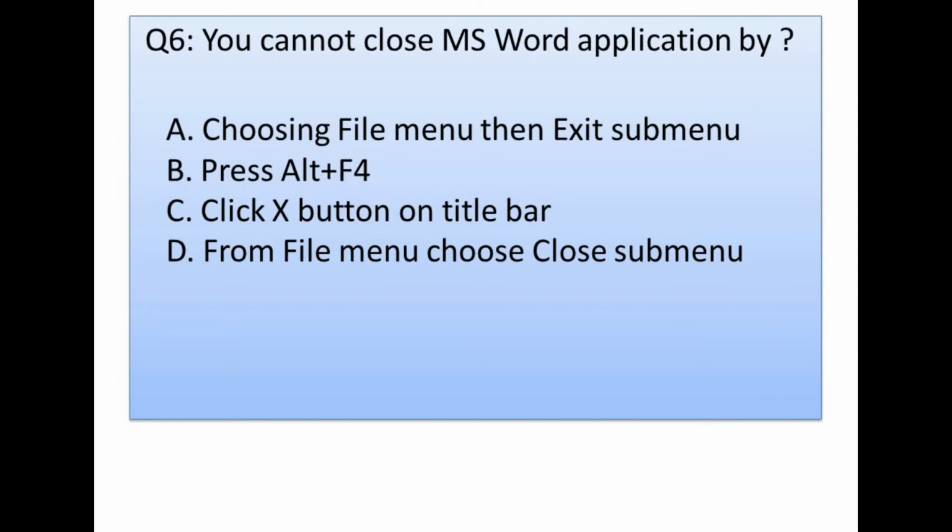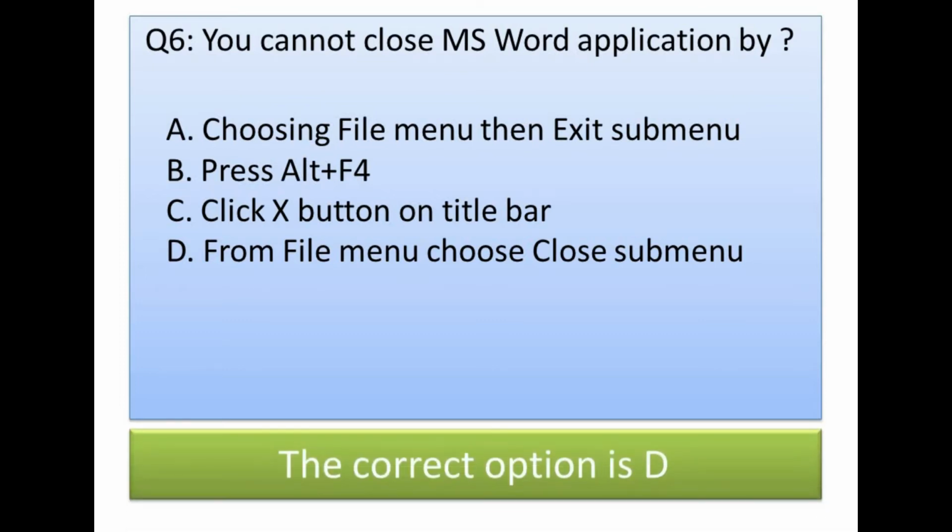You cannot close MS Word application by choosing file menu, then exit submenu, press Alt plus F4, click X button on the title bar. From file menu choose close submenu.